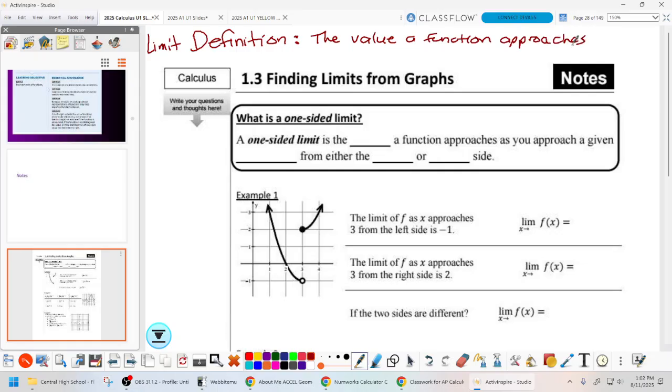So it's the value a function approaches, in parentheses you can say, but doesn't necessarily reach, as x approaches arbitrarily close to a chosen value.